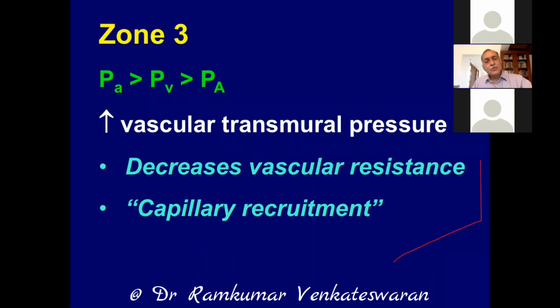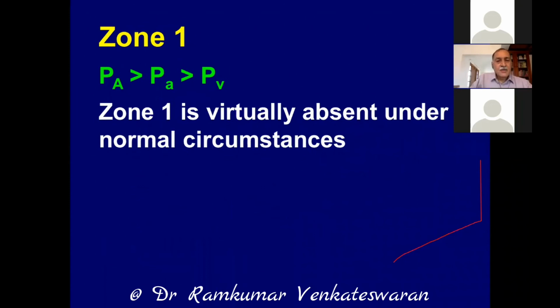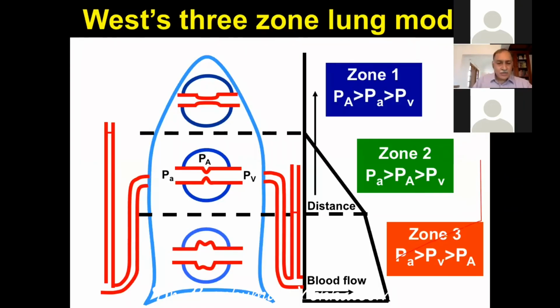Coming to the bottommost zone, as you saw in the earlier picture, I'll go back to that again. You find that here, in the lowermost diagram of the alveolus at the pulmonary artery, the artery has got distended. It's like an M shape on top and a W shape below. But essentially what it's trying to show is that the vessel has got distended. And this vessel has got distended because of the hydrostatic pressure within the vessel being far in excess of the alveolar pressure.